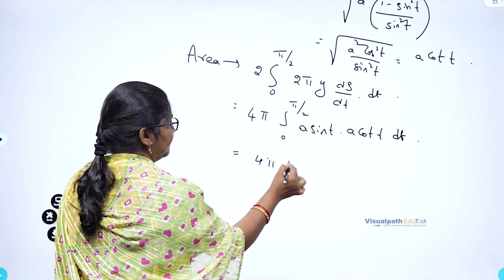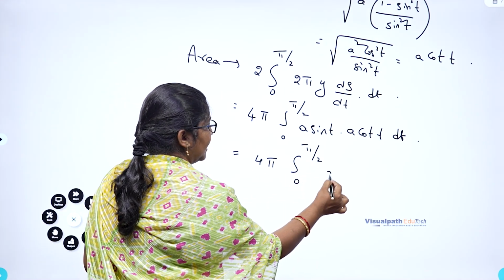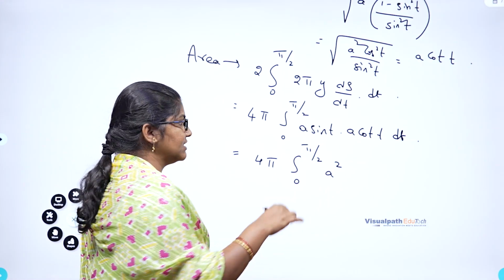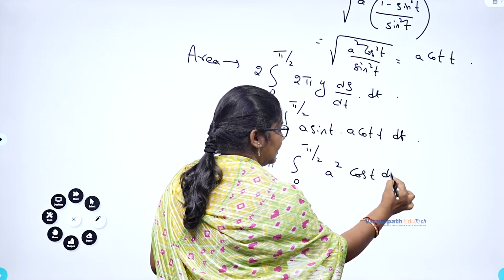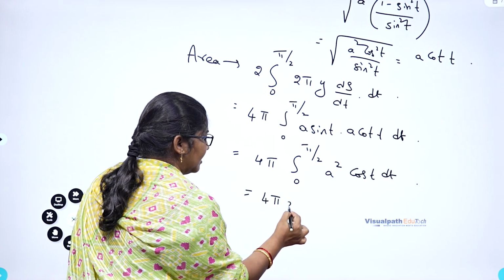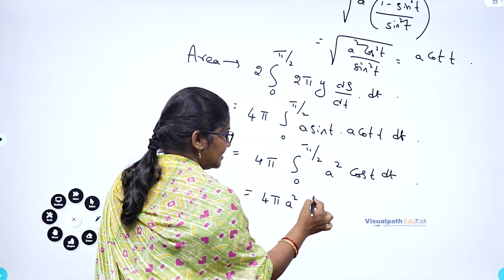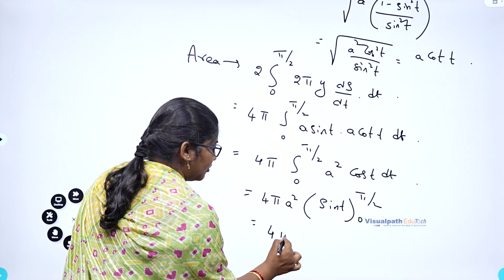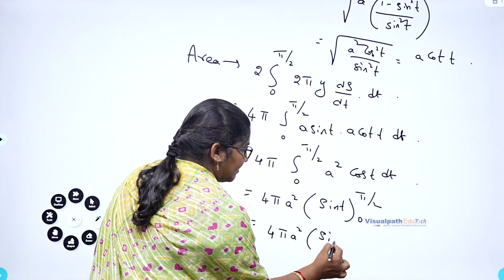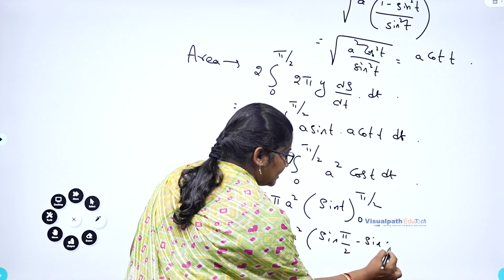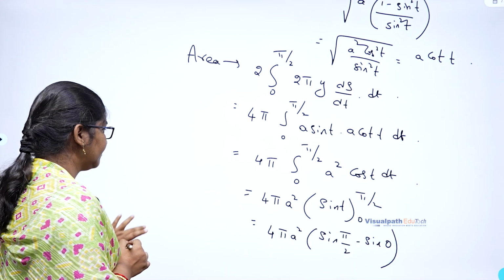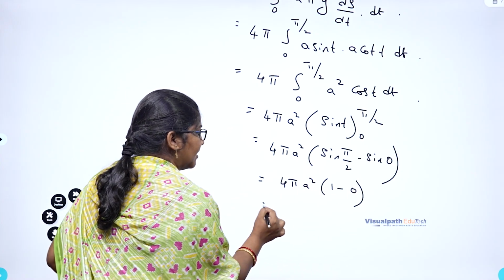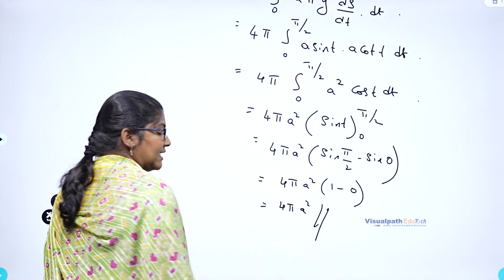Okay. 4π integral 0 to π/2 a² sin t, cot t can be written as cos by sin. Sin will get cancelled. Cos t dt. 4π a², the integration of cos t is sin t, from 0 to π/2. 4π a² (sin π/2 minus sin 0). Okay. This is 4π a² (1 minus 0). Answer is 4π a².